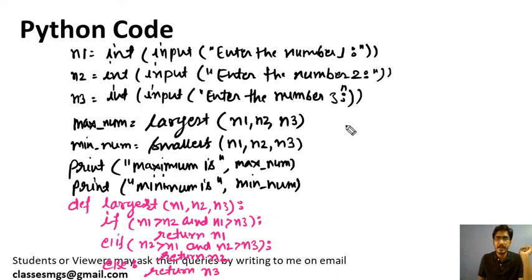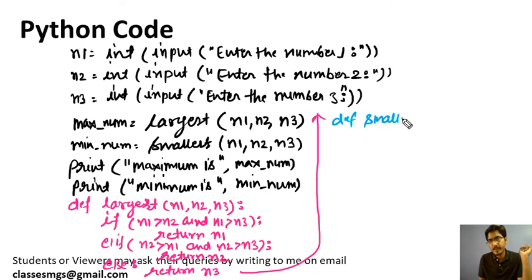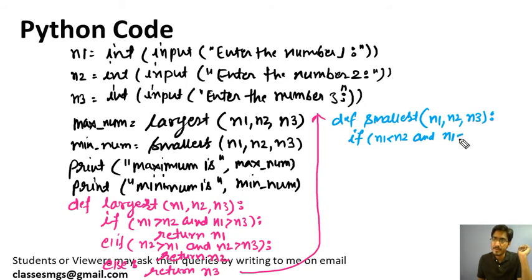Okay, similar way I am writing here, due to space not available, I am writing another function. Let me use some different color. Definition smallest, you will write n1, n2, n3. You will say if n1 is less than n2 and n1 is less than n3, then we will return n1.